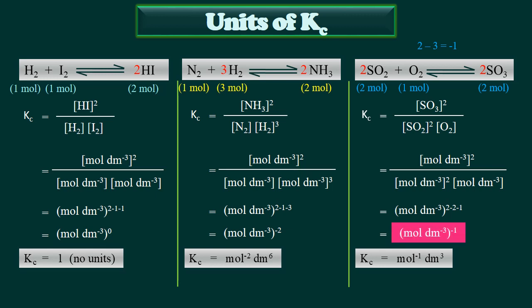So mole per dm cube raised to the power minus 1, which satisfies our result. But remember students, in exams you will find unit of Kc from its expression. Shortcut method is just to check your result. I hope you understand.